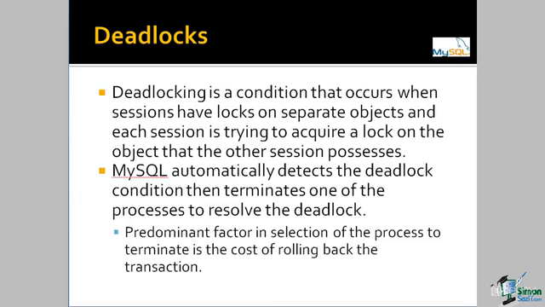If transaction A is holding a lock and waiting for another lock, and transaction B is holding that other lock, waiting for the lock that transaction A is holding, then transaction A is waiting for transaction B, and transaction B is waiting for transaction A, and we have a situation referred to as a deadlock, where two transactions are waiting on each other to release resources.